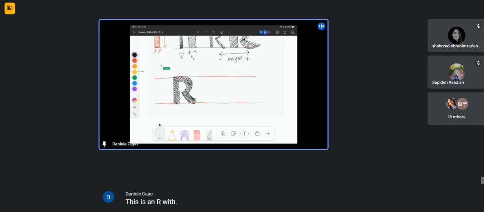This is an R with very low contrast. But you can draw the same, more or less, same structure with more contrast, okay?